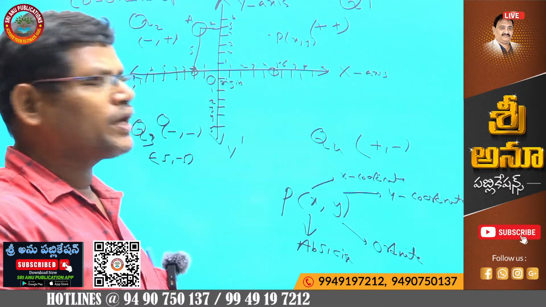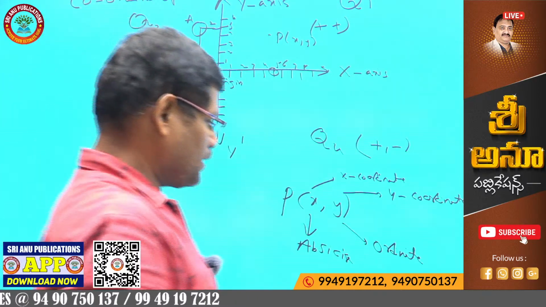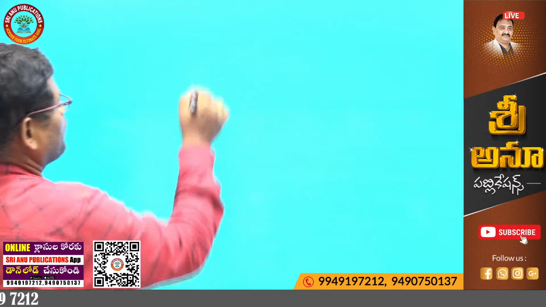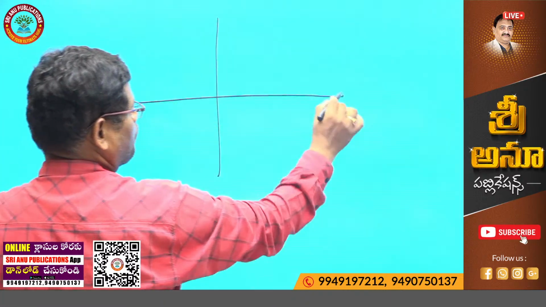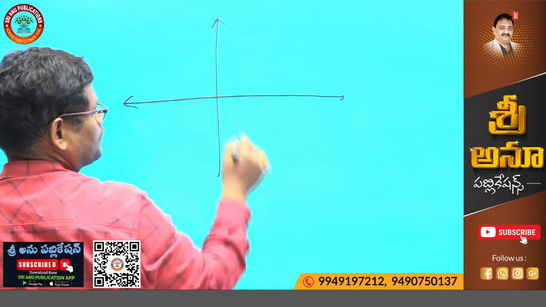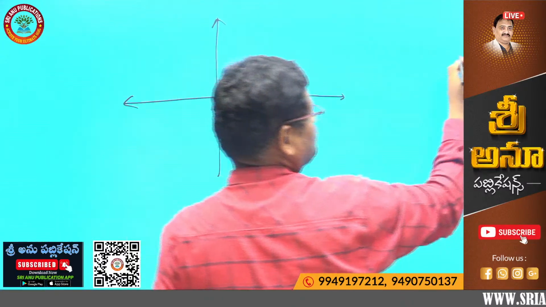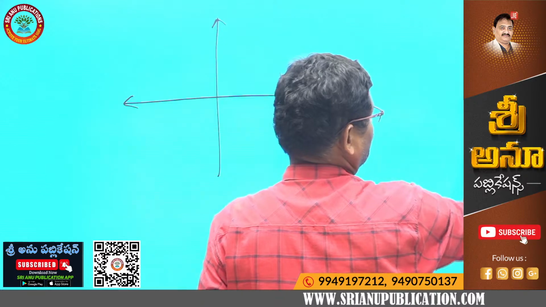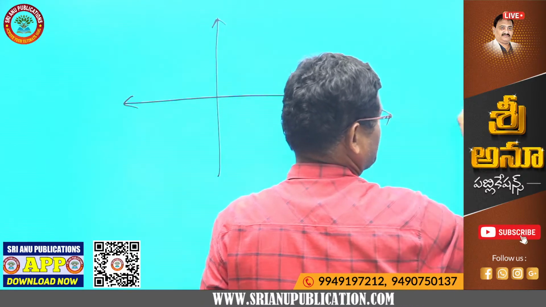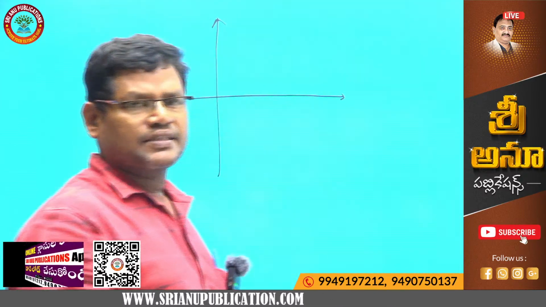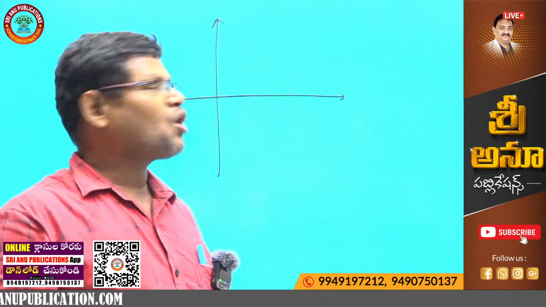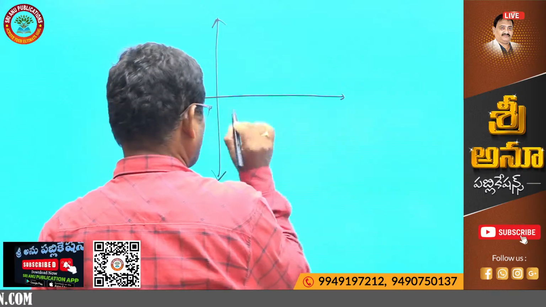Now based on the coordinate plane, we can form geometrical figures. Suppose I am taking 3, 4, 5 units, so the sides of the triangle are 3, 4, 5. How to represent that in the coordinate plane?